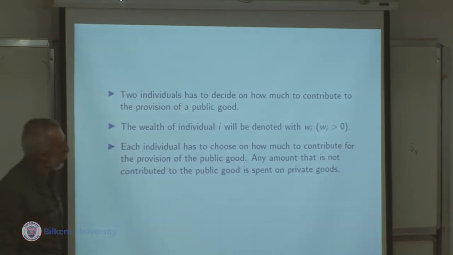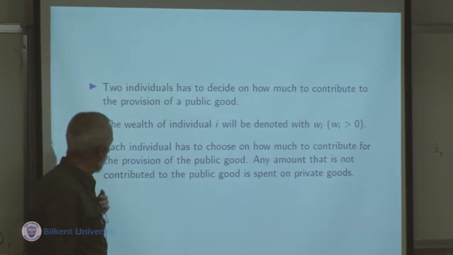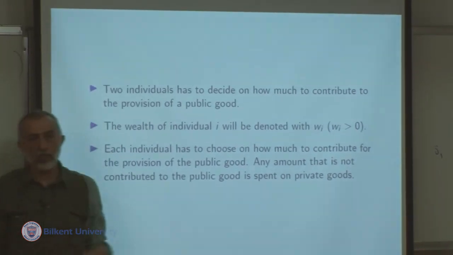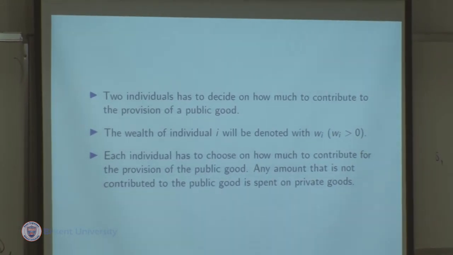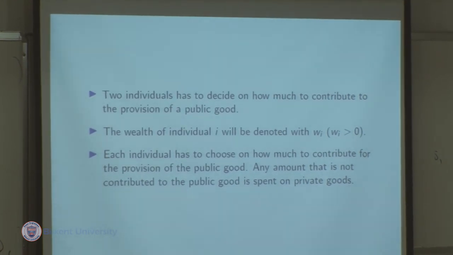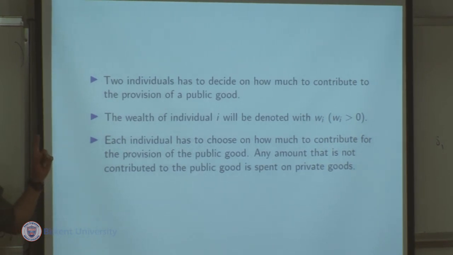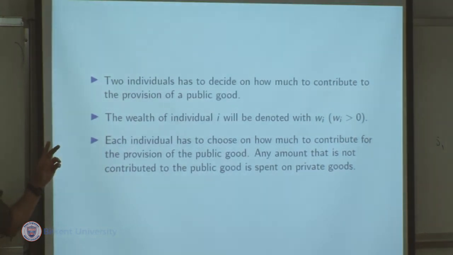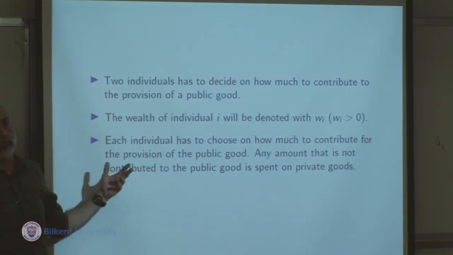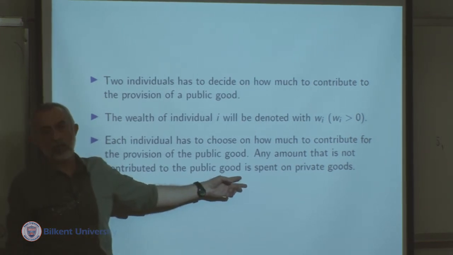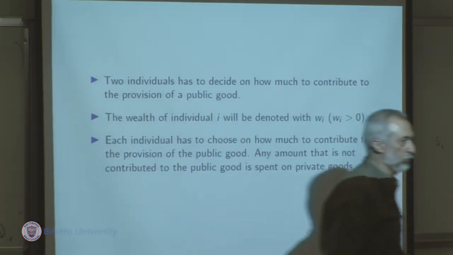Each individual has to choose how much to contribute for the provision, for the production of the public good. And any amount that is not contributed is spent on private goods. Okay? So essentially, this individual only has to decide on one thing, right? On how much he's going to contribute for the public good, or on how much he's going to spend on private goods. So one decision resolves everything.